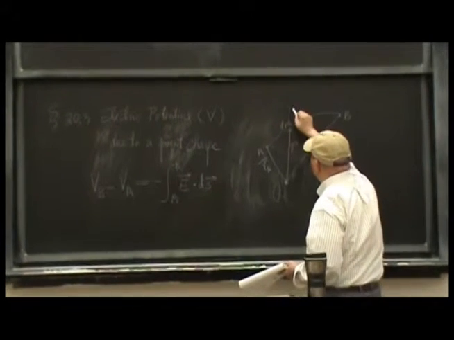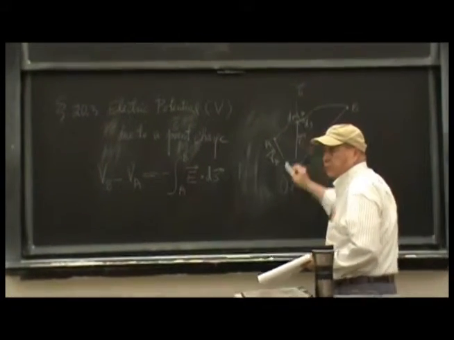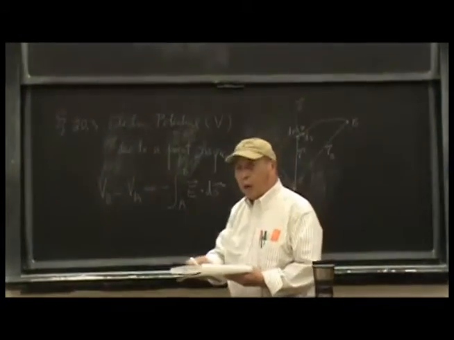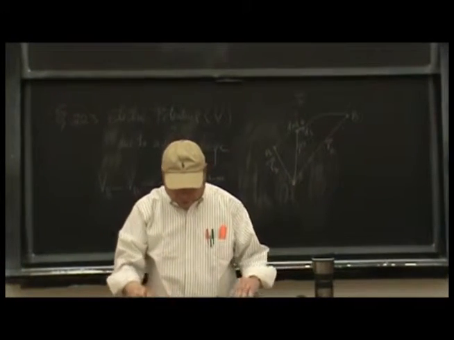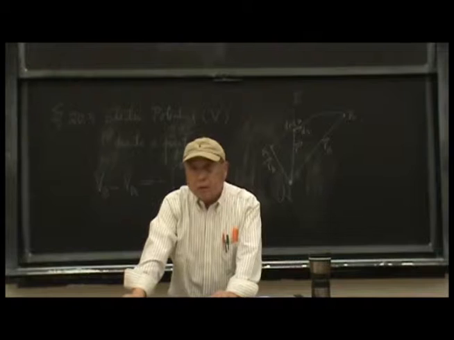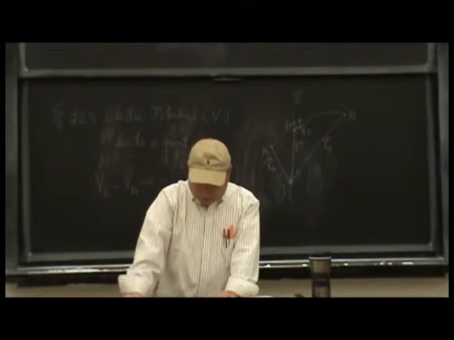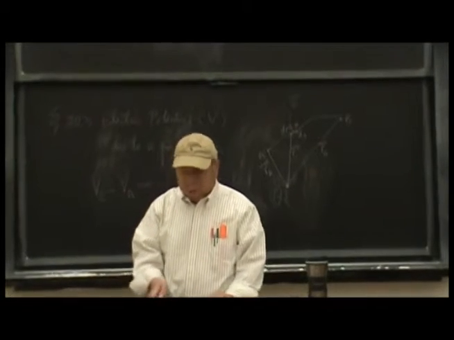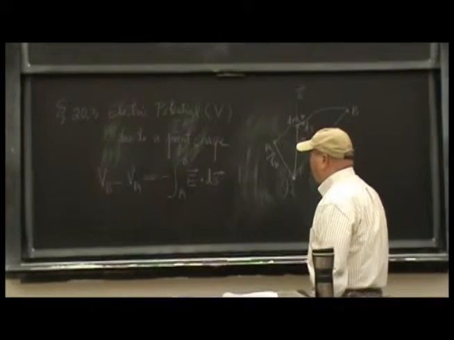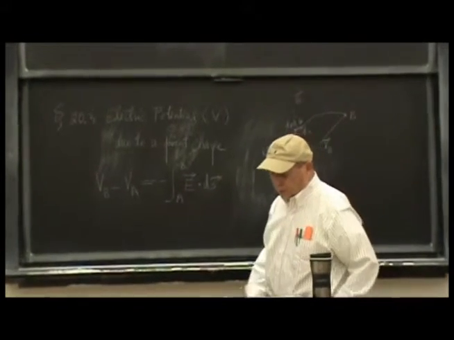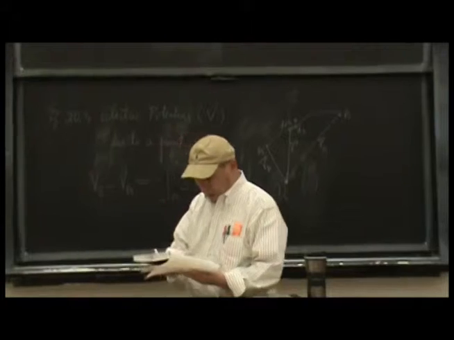E is in this direction and ds is in this direction, with an angle. So the electrical field and the motion have an inclining angle, so we have to do some mathematical manipulation in order to get more meaningful information.